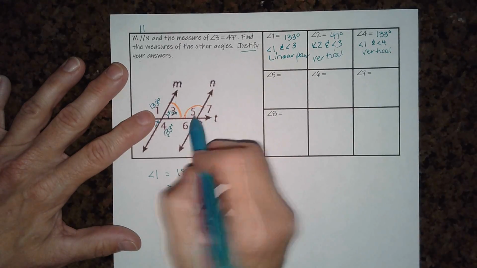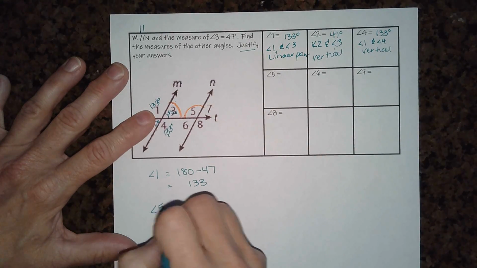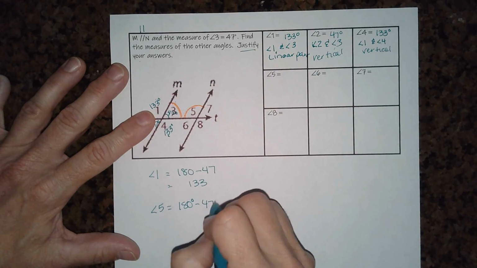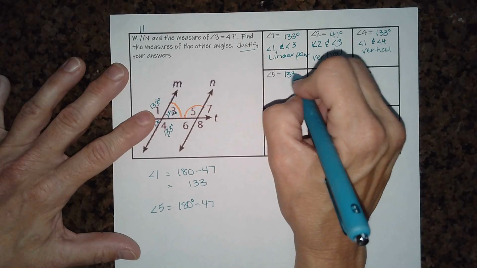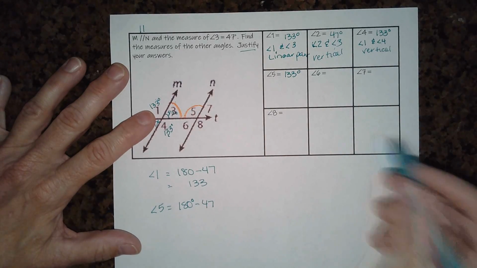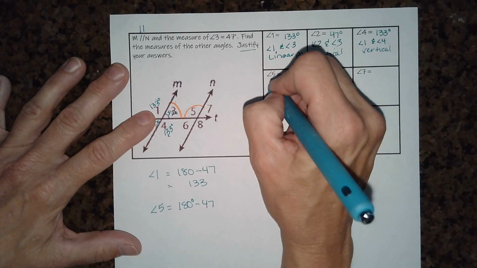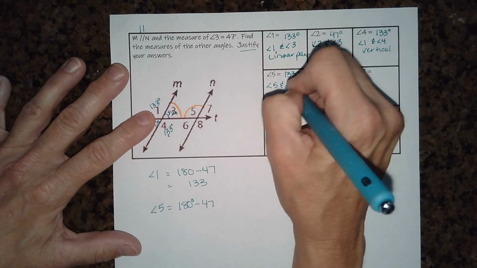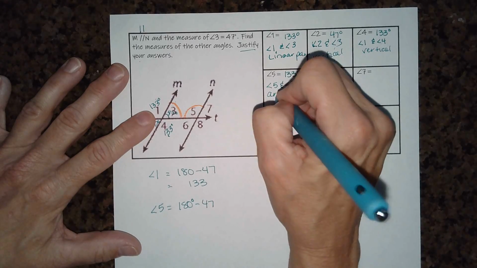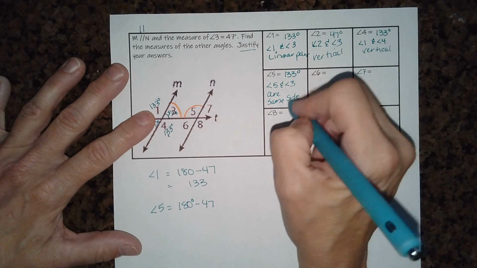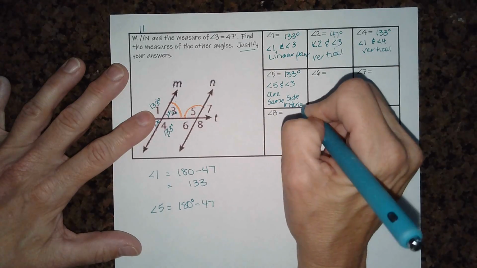So angle 5 will be 180 degrees minus 47, which again is 133 degrees. And so one justification could be that angle 5 and angle 3 are same side interior angles.